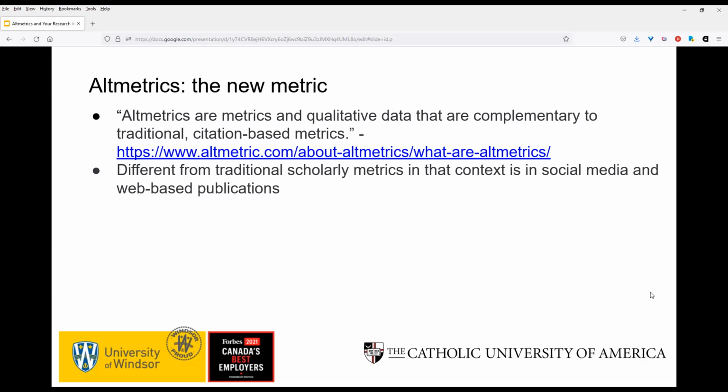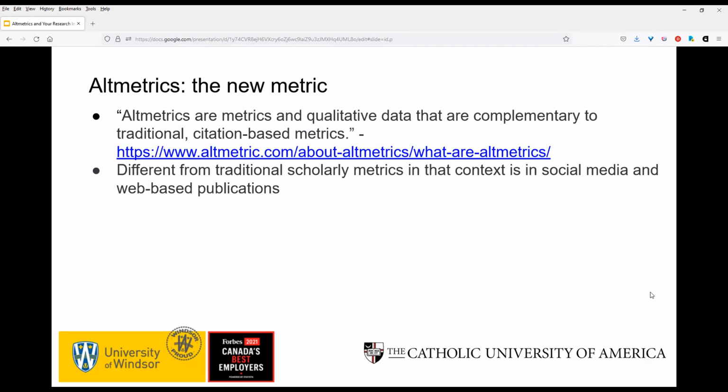So all this leads up to Altmetrics as the latest metric in this continuum, I guess. And a good pithy definition of Altmetrics is that they are metrics and qualitative data that are complementary to traditional citation-based metrics. That's taken from the Altmetric website.